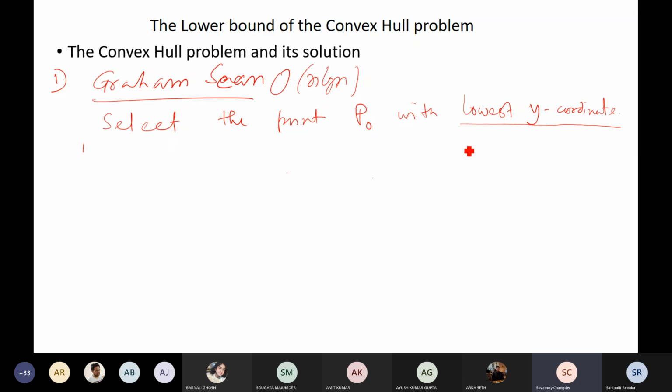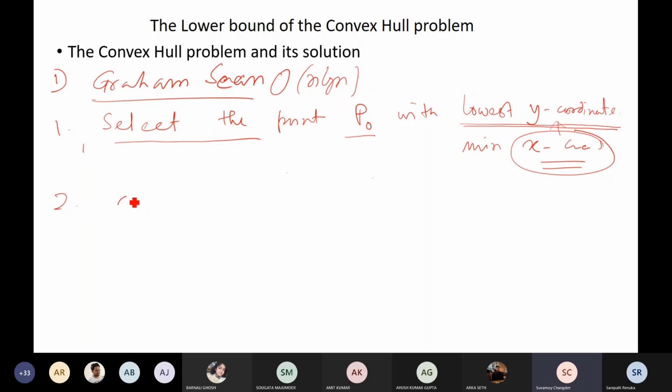If there are 2 points or more than 1 point with the same lowest y coordinate, then we will go for the minimum x coordinate. So there will be no controversy. First we will select a point P0 with the lowest y coordinate. If there is any duplicate value, then we will choose the minimum x coordinate among all these.